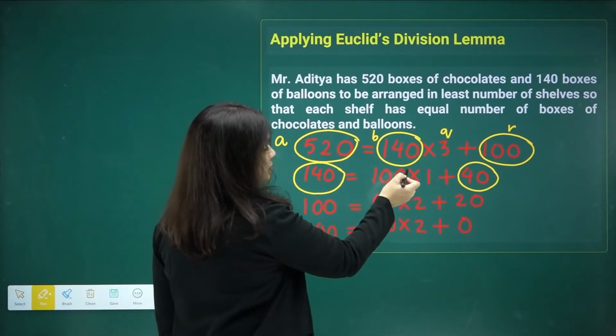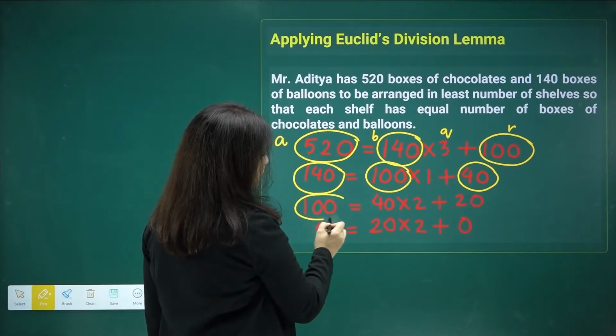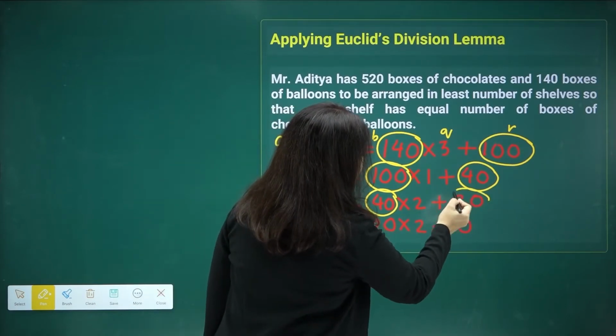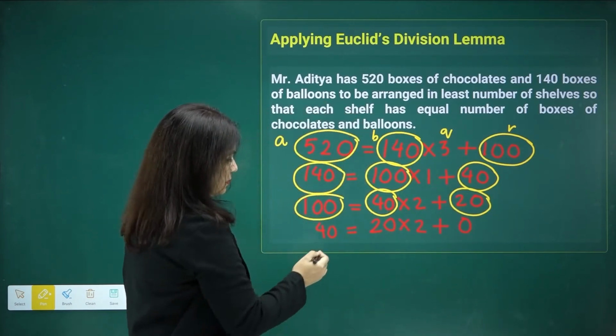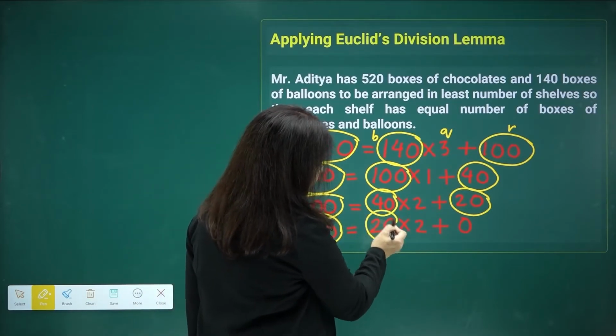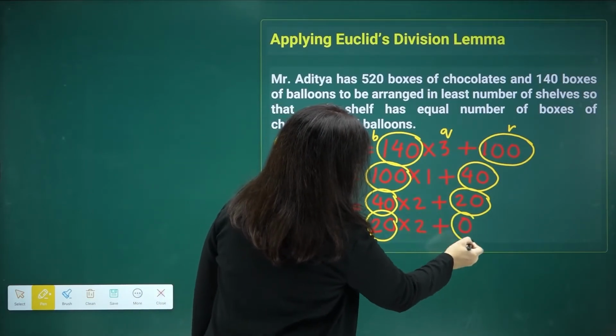Next step, this 100 will be divided using 40, and the leftover is 20. Next step, 40 will be divided again by the leftover 20, and the remainder is 0.